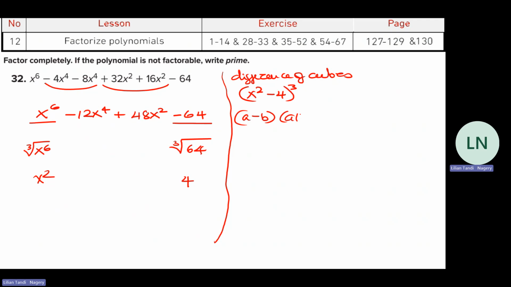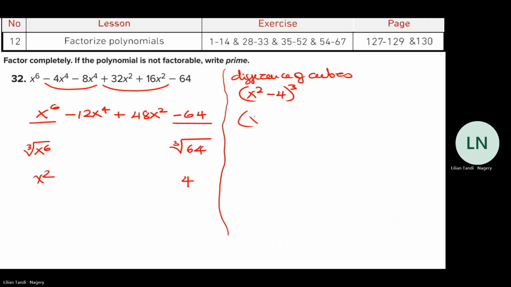So I can write this. Since this is a difference of squares, I'll open two brackets: x squared plus 4 and x squared minus 4. But then you need to cube them like that.